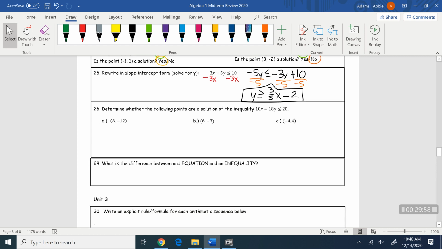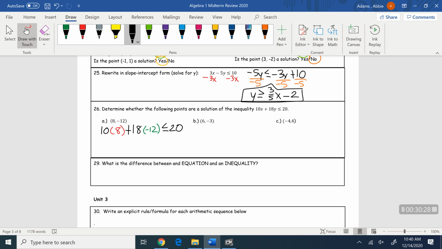It says to determine whether the following points are a solution of the inequality 10x plus 18y is less than or equal to 20. So I'm going to input the value of each point into this inequality. So I'm going to say 10 times 8 plus 18 times negative 12 is less than or equal to 20.